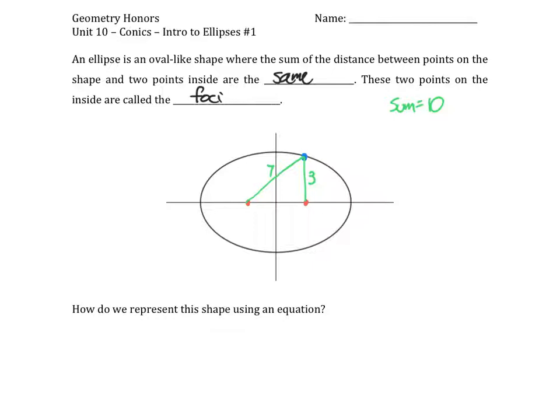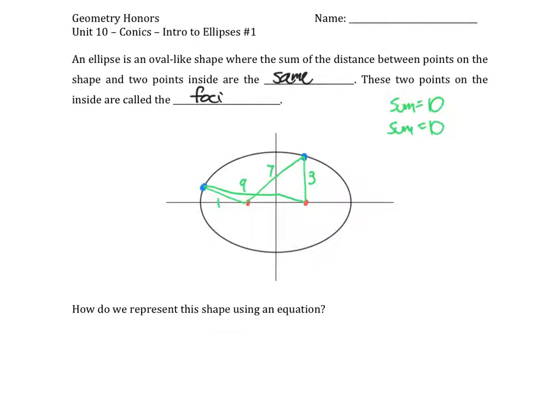What it's saying is that as I move this blue point around, so let me pick another random point over here on the ellipse, if I take the sum of the distances between the 2 foci, I don't know, maybe call that one 9 and that one 1, notice the sum is equal to 10 again.